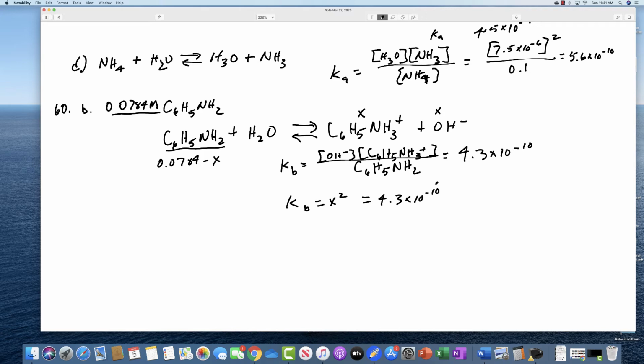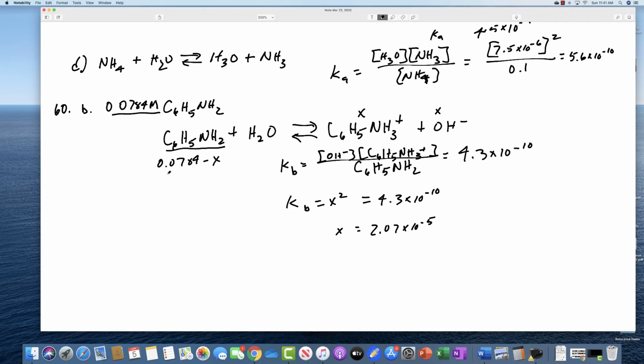And if you do the math on this, x is going to equal 2.07 times 10 to the minus 5. Now, if you subtract that from this number, it has virtually no effect on this number, okay?